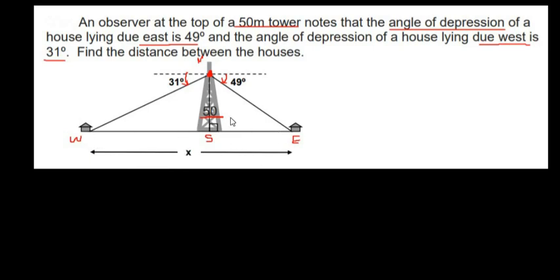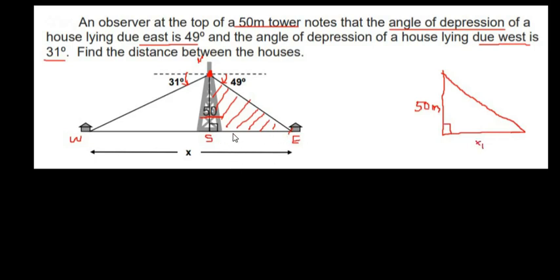Now for solving this, we can break this triangle into two right angle triangles. So let us take the first right angle triangle, and let me draw it again over here. This is a right angle triangle and this height is 50 meters, and let me take this side as x1.